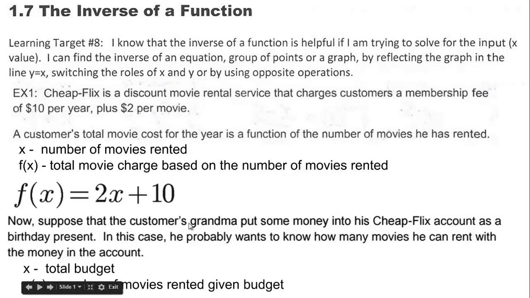So x would actually represent the total budget, and we call it g of x, the number of movies rented given the budget. And so that equation would be g of x equals (x minus 10) divided by 2. Okay, so we'll talk about how we actually get this.